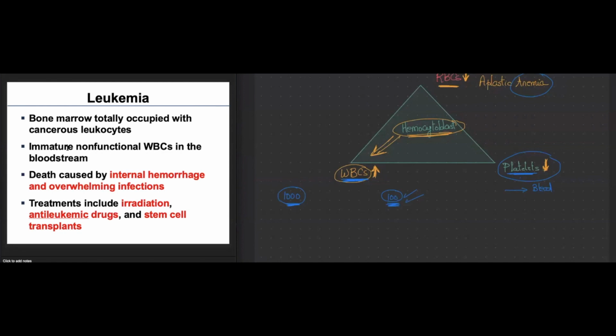So what are the three major problems here? Patients will suffer from anemia. Patients will have bleeding, and the type of bleeding that I'm so worried about is internal hemorrhage.